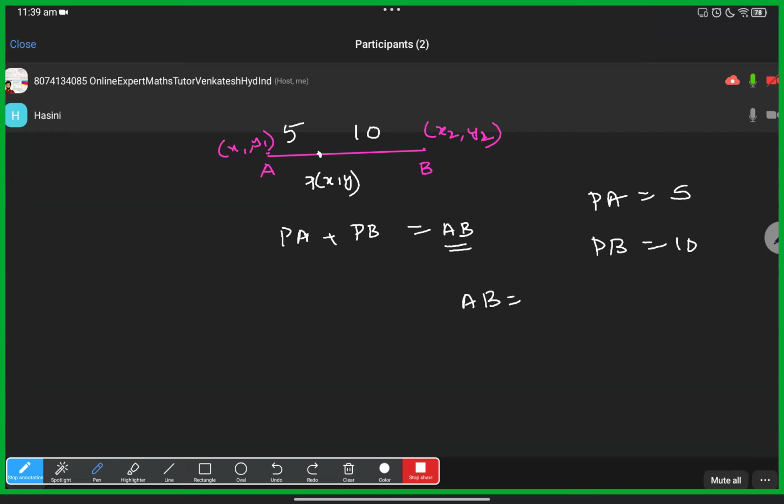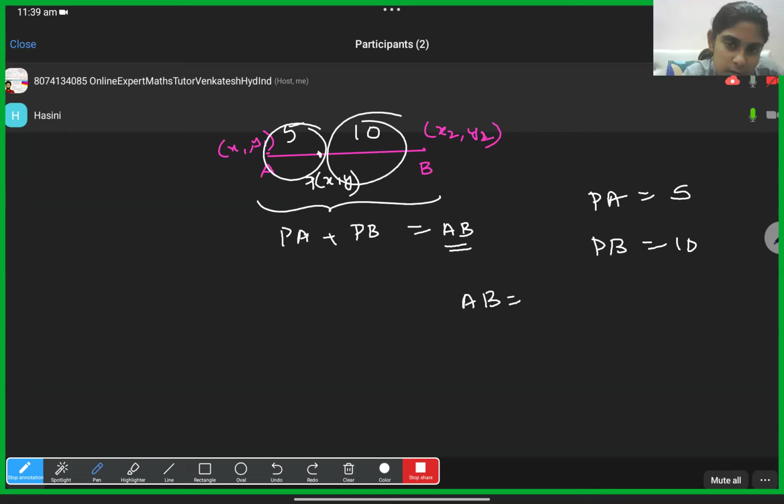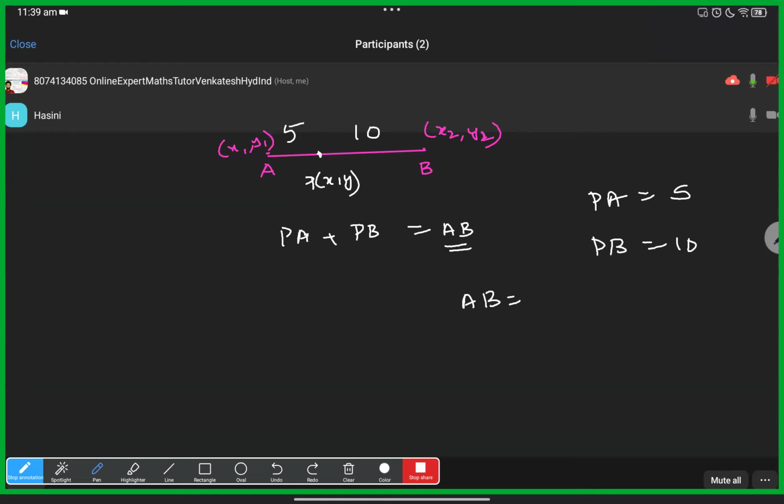The complete length will become 15. So AB is nothing but PA plus PB, which is 10 plus 5, so it is 15.